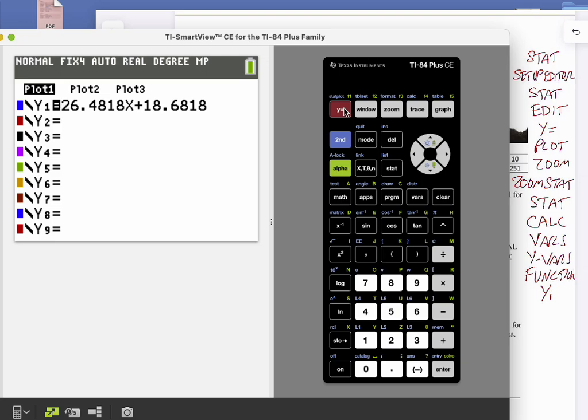If you're not getting this exact equation, either you are typing something in wrong or you plugged your data in wrong, because everybody should be identical to mine. Anybody having a problem that I can help with?